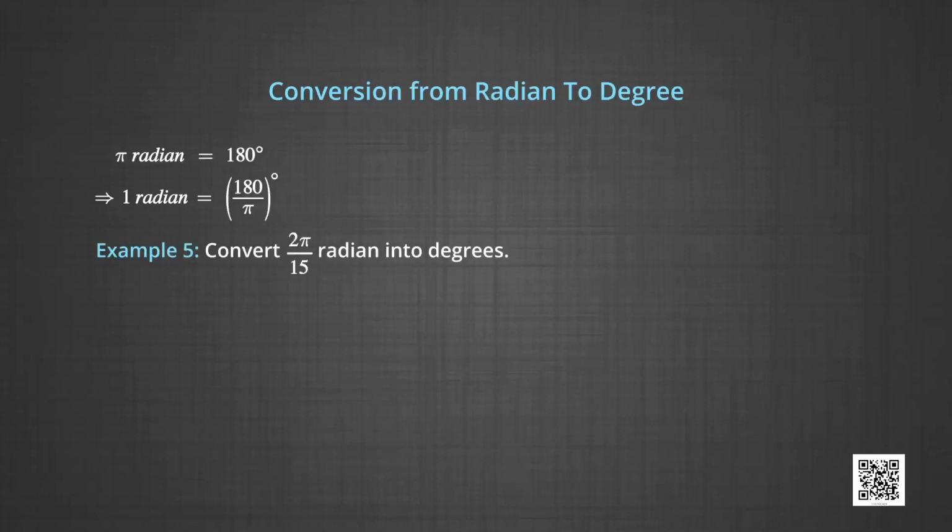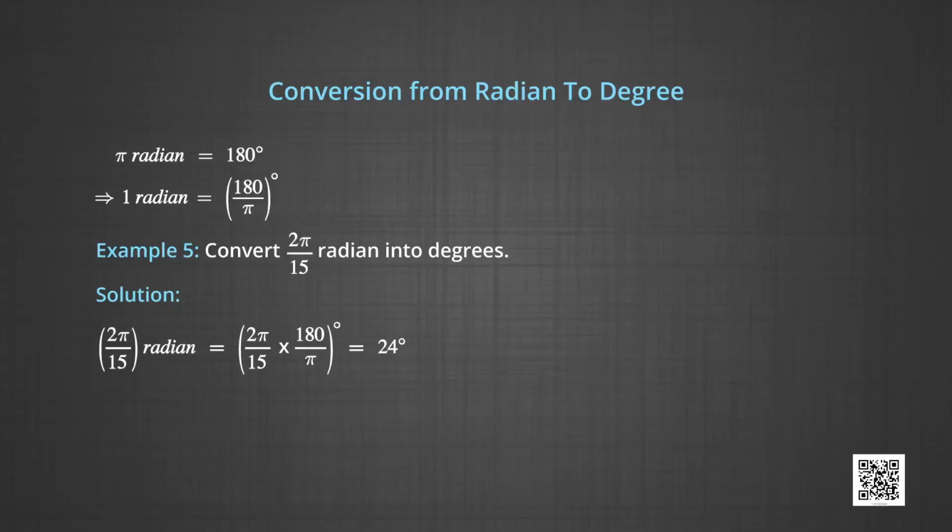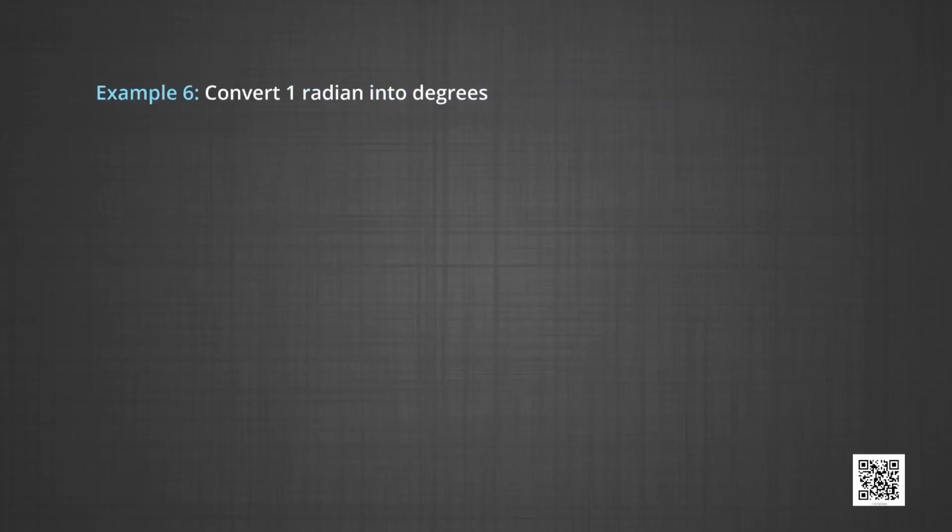In example 5, we will convert 2 pi by 15 radian into degrees. 2 pi by 15 radian is equal to 2 pi by 15 into 180 upon pi degrees, which on simplification gives us 24 degrees.